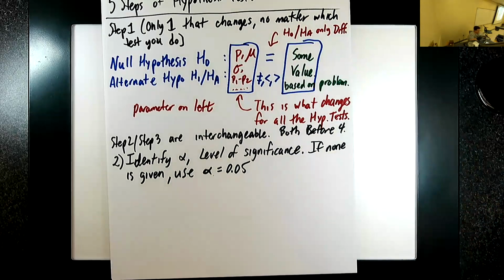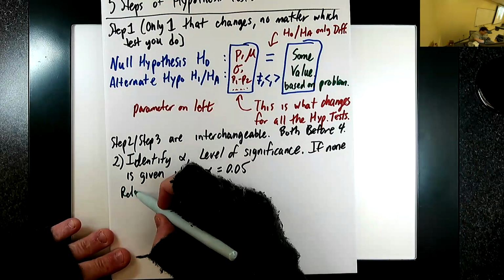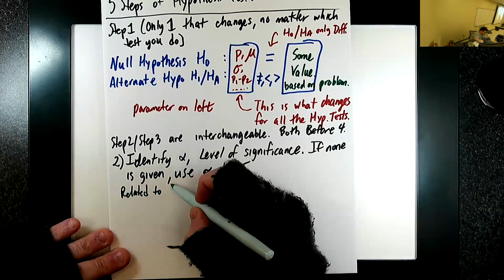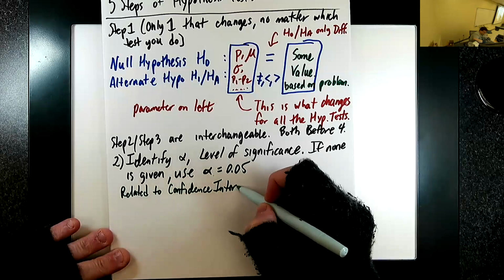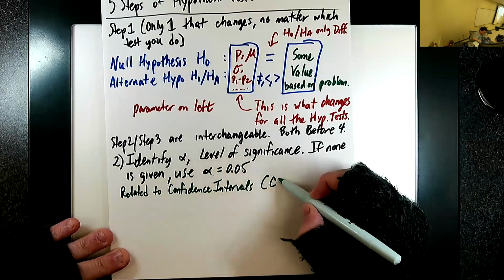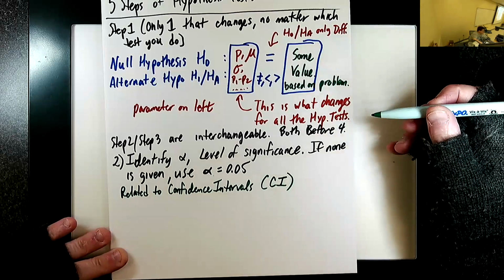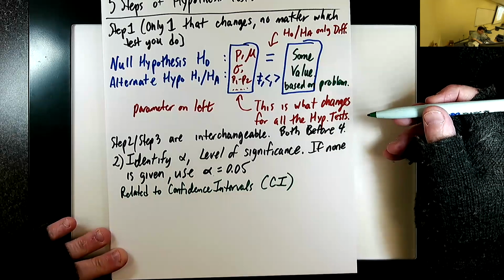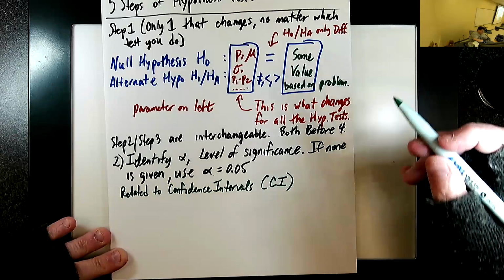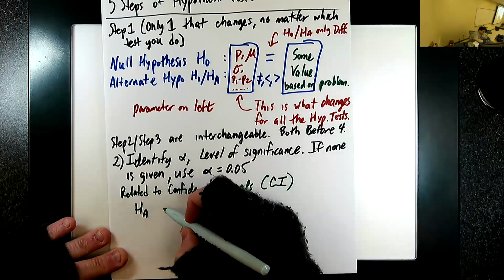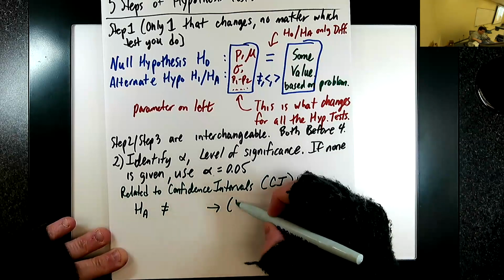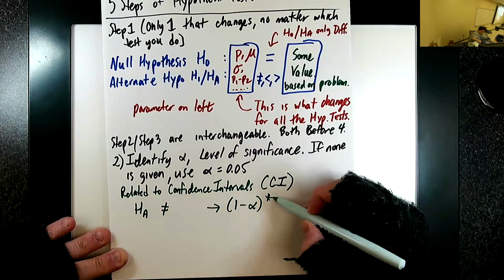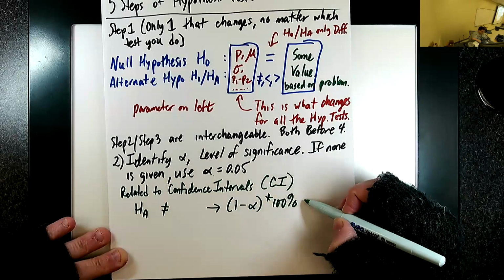This is very, very much related to confidence intervals. And you're going to see that in the problems we do today. I'm going to use CI for confidence intervals from now on. I get tired of writing it. If HA is the non-equals, then 1 minus alpha times 100% is our CI percent.